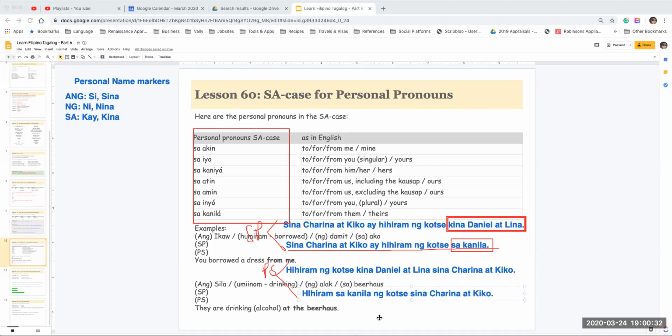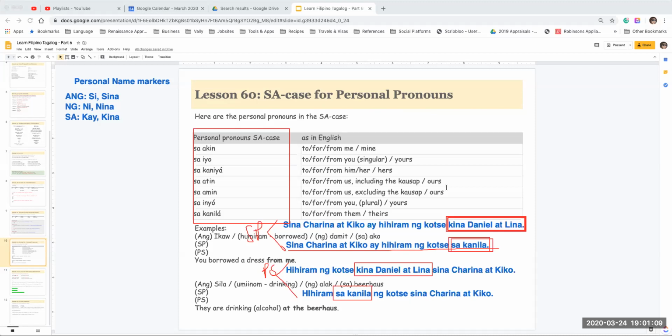Okay, so because we changed Daniel at Lina with a pronoun, we have to put that right after the verb. So that's how we use the personal pronoun. We cannot basically replace all the personal names in a sentence, but if we have to, we definitely have to gesture.